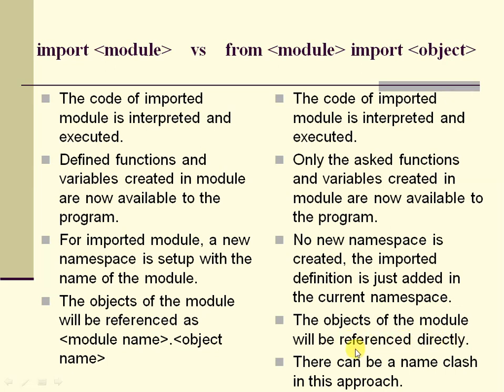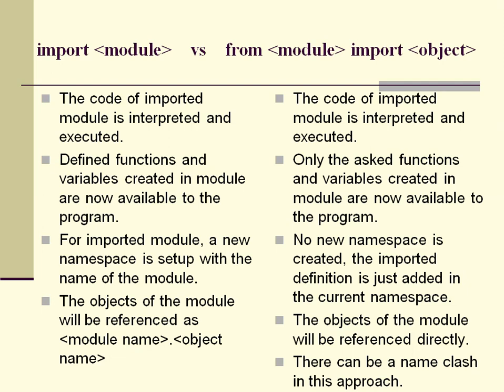Okay, but you have to note that there can be a name clash in this approach. Why? Suppose you have imported a module. For example, you have written from math import pi, and you have also created a variable pi in your program also, then there will be a clash of names because you have two variables called pi, one in your Python program and another constant called pi in the Python math module.